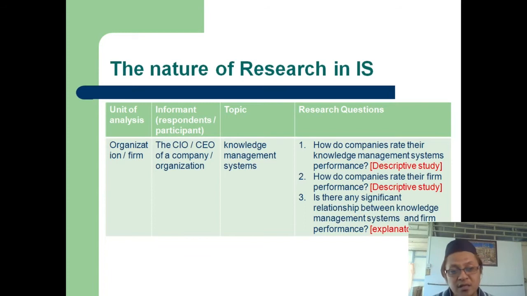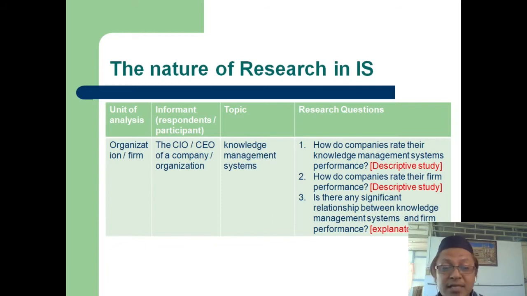Okay, now the difference between organization and individual unit of analysis is in the person who will be answering the questions, if you are doing a survey. If you are doing a survey for an organization, you just need one representative representing the organization. It can be the CEO, it can be the CIO, basically the one who has the authority to answer on behalf of the organization.